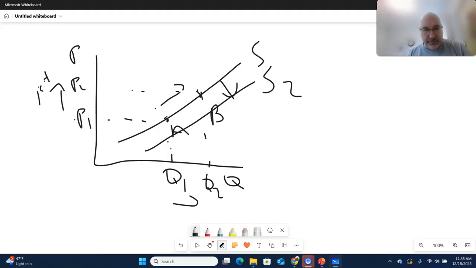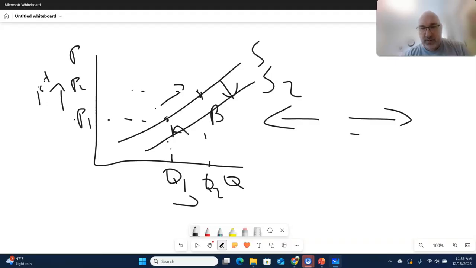And S to S2, because I moved to the right, is an increase. If I went left, it would be a decrease. So right, increase, left, decrease. And I don't care whether it's supply or demand. Right is an increase, left is a decrease. Always, always.